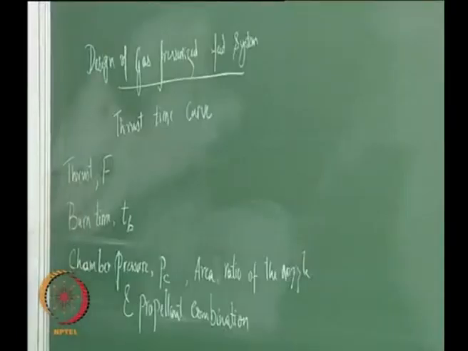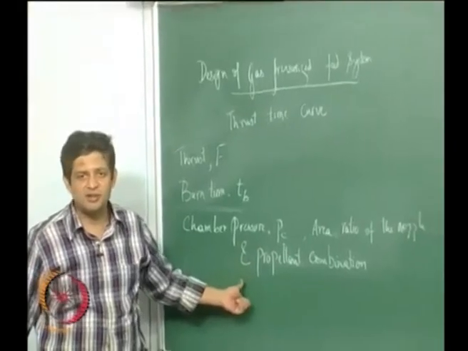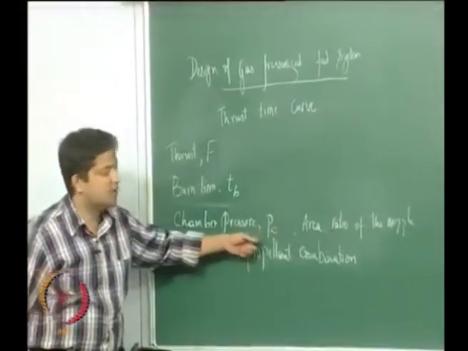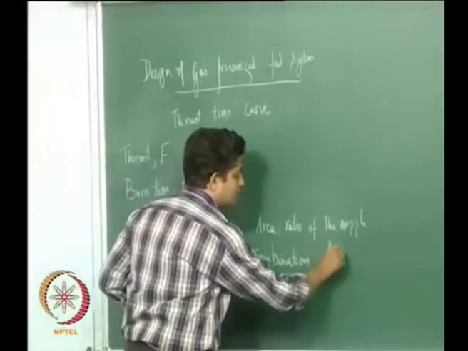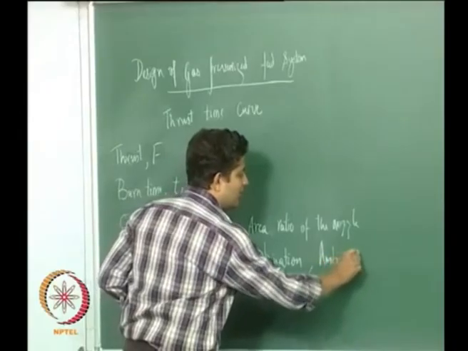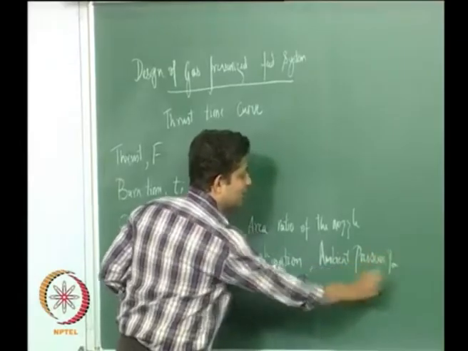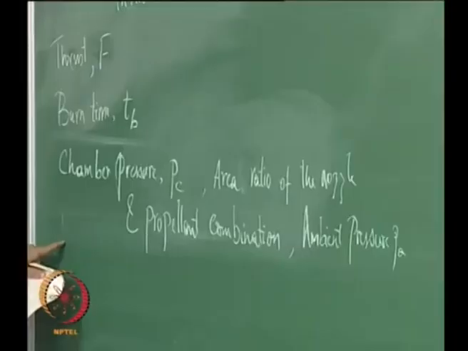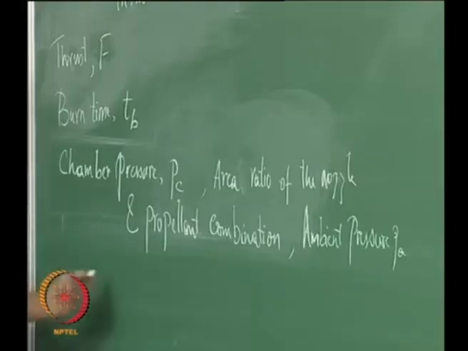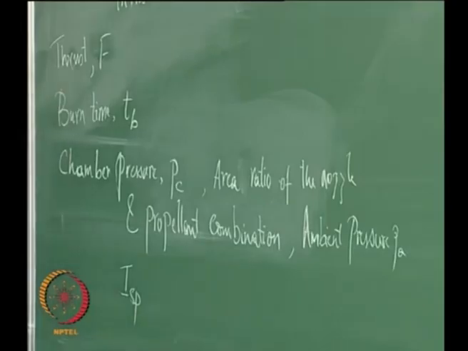From this propellant combination, you can get the chamber temperature, and you know the area ratio and the chamber pressure and also the ambient pressure or its variation, right? So knowing all this, you can calculate the specific impulse of the motor, right? So at the end of this you will get to know the specific impulse.